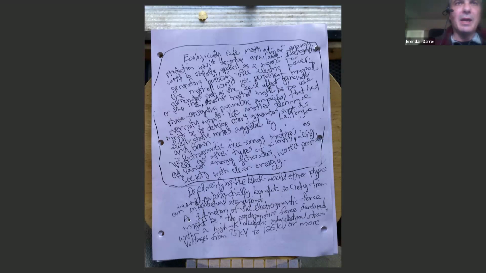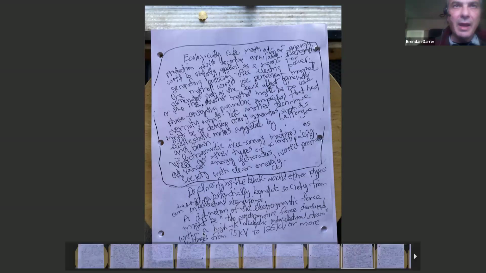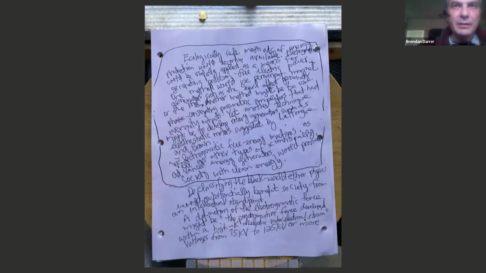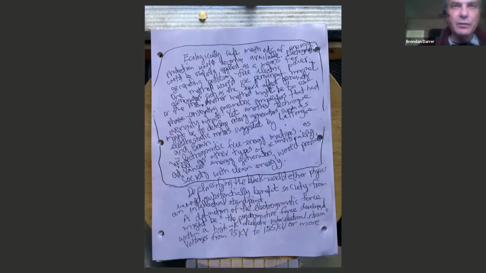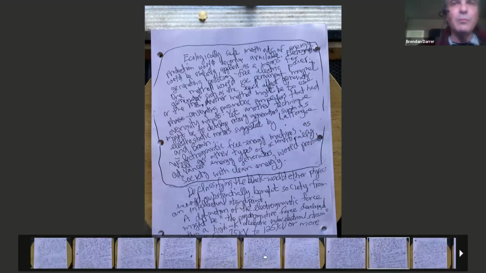A definition of the electrogravitic force might be the pondermotive force developed within a high K dielectric under electrical strain. Voltages from 15 kilovolts to 75 kilovolts, 75 kilovolts to 125 kilovolts or more.